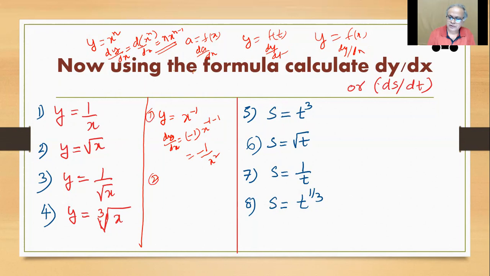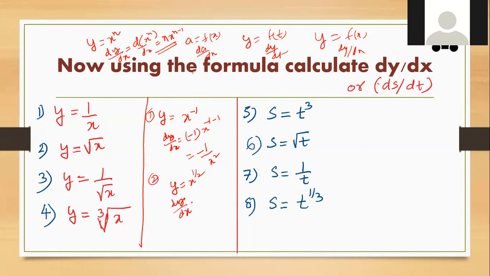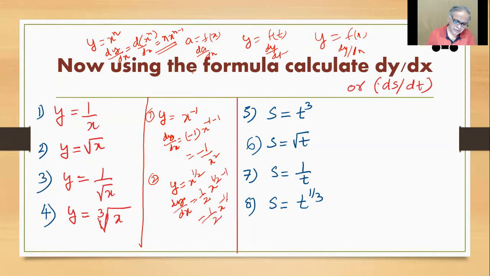Second one, Vishnu. Y equals x to the power half. Write that in x power n form so that it looks easier. So dy by dx equals 1 by 2 into x power 1 by 2 minus 1. That is 1 by 2 into x to the power minus half, which can also be written as 1 by 2 root x.